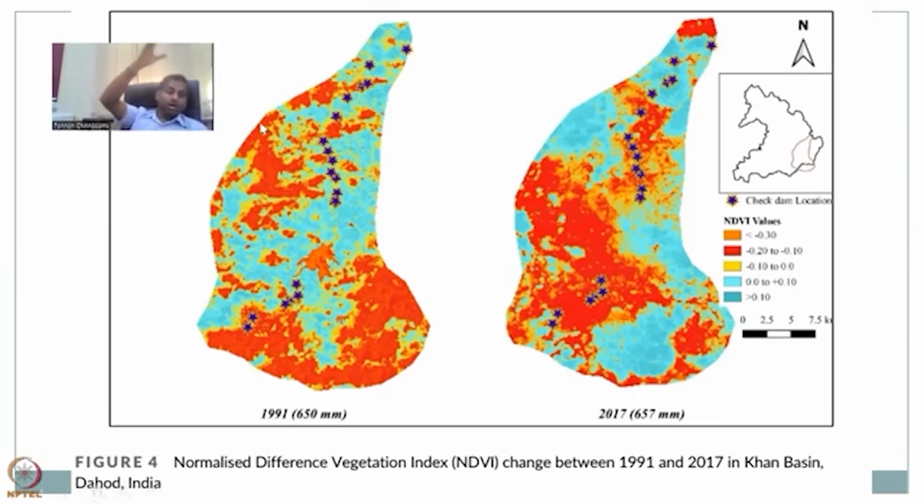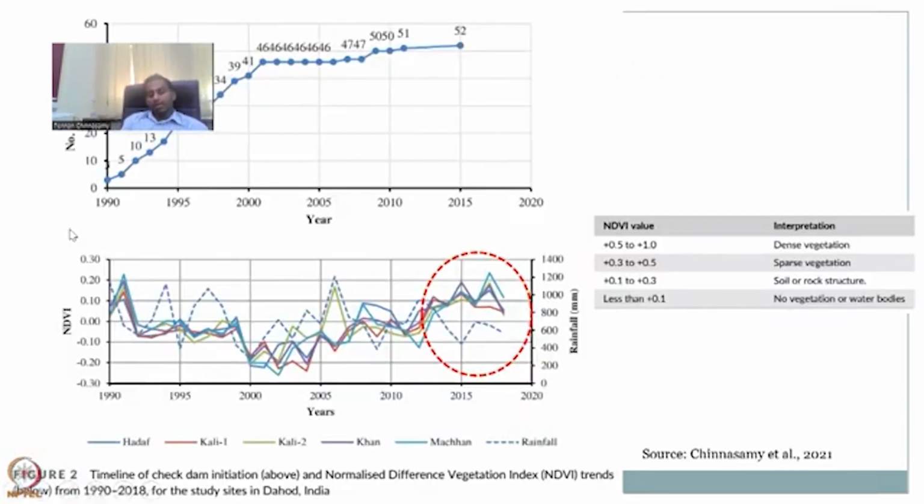So we saw a graph of how the average value of NDVI changed across the Dahod district in the previous one, at different time scales. We have different sub-basins, and different time scales from 1990 to 2020.